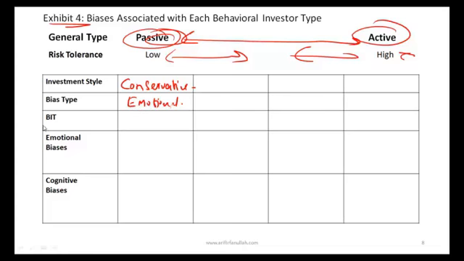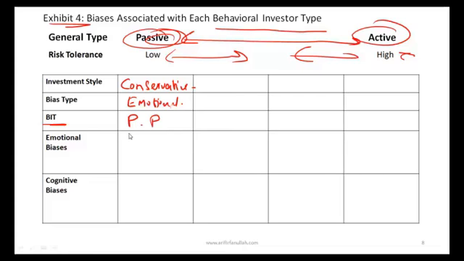Okay, what does BIT stand for? It stands for behavioral investor type. So this behavioral investor type is called a passive preserver, and you need to remember this. Typically passive preservers exhibit the following emotional biases. And actually, why don't you try and guess? So of the emotional biases that you studied in the previous reading, what are the sorts of biases that they exhibit?